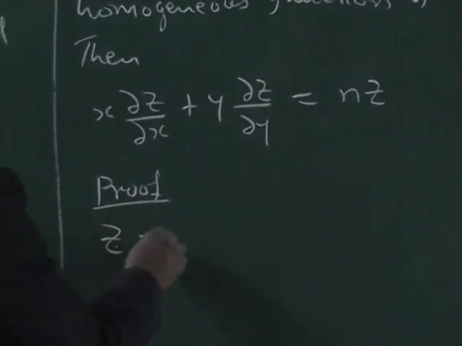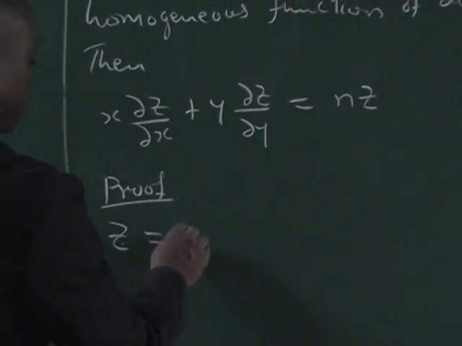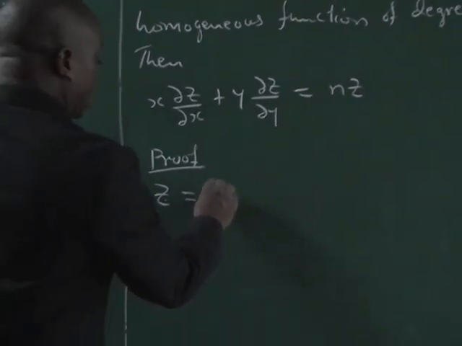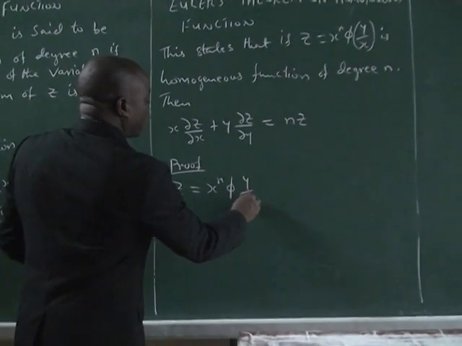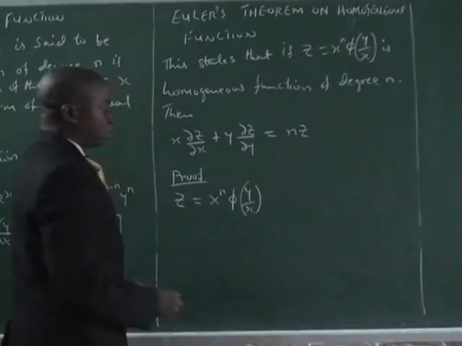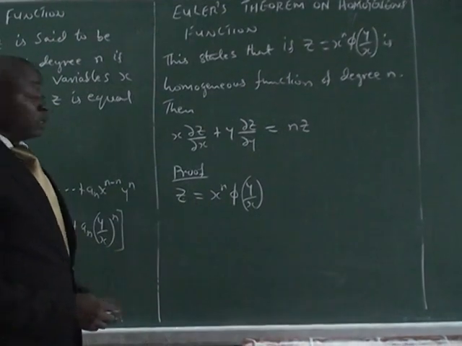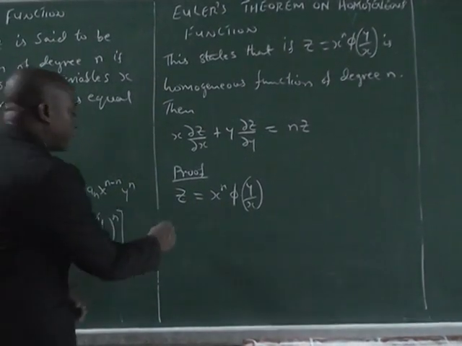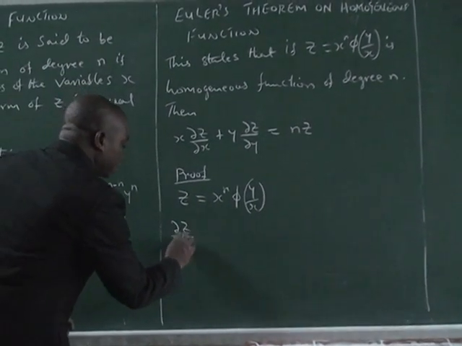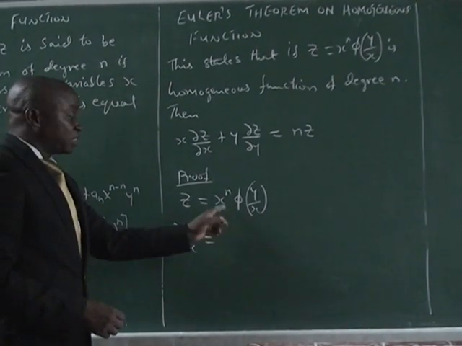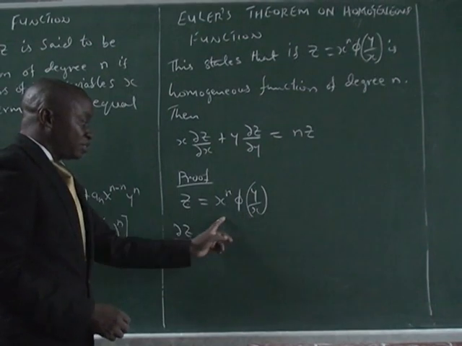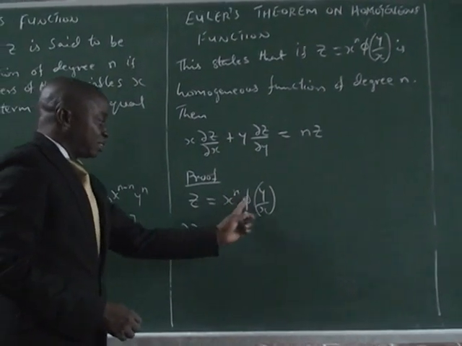Now z is equal to x raised to n phi of y over x. Okay. Partial z partial x. If we differentiate this with respect to x, you see this is a product of functions, x raised to n is one function and phi is another.